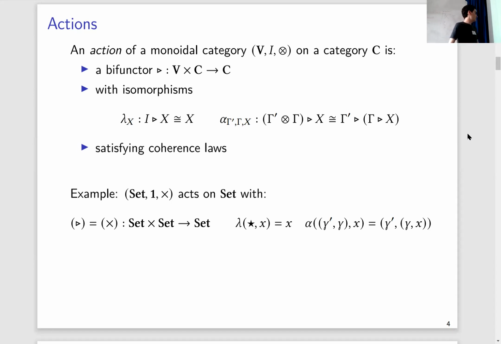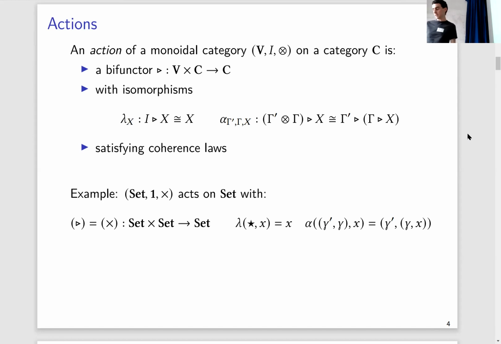And then an action of B on some category C. Again, think of this as just a Cartesian product. So we could have B equal to C, and both this triangle and this tensor are just products of sets. And in particular, we require this triangle to be unital and associative in some way.